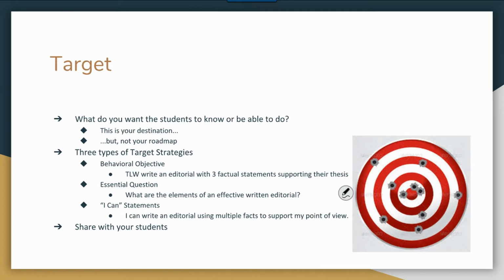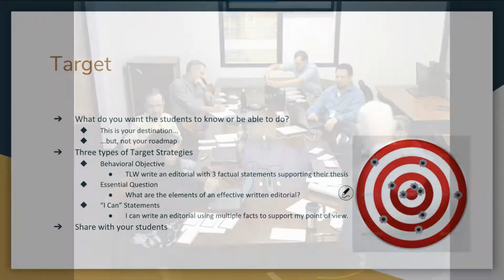And at the end of the class, if you were to say, Tassine, can you tell me what the elements of an effective editorial are? And she can. I won't put you on the spot, although I'm sure you could. If she can respond to my question, I've met my objective.